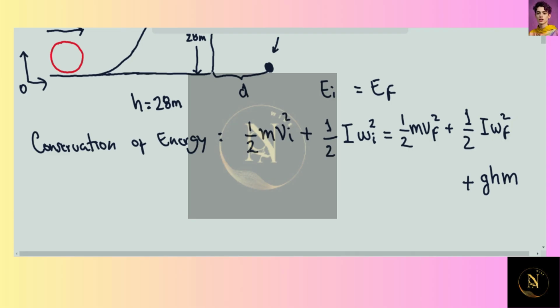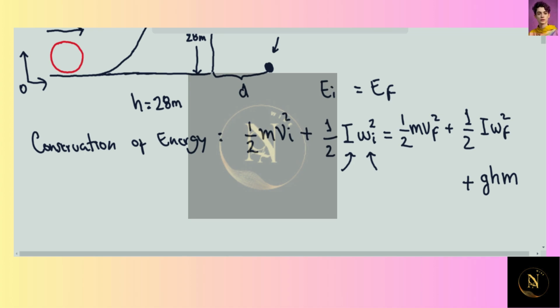So once we set this equation, we first need to know all the variables that we are not given for this problem. For instance, we don't know the moment of inertia. We also don't know the angular velocity.